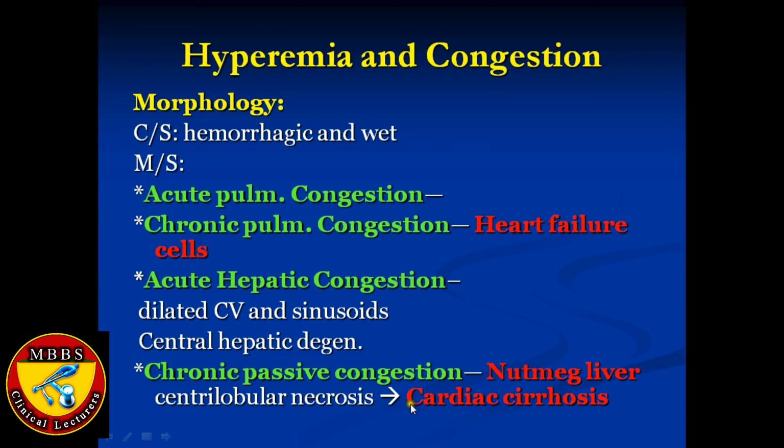Then another term is cardiac cirrhosis. Now cardiac cirrhosis is when, due to right-sided cardiac failure, the blood is not able to flow out through the central vein from the hepatic vein.